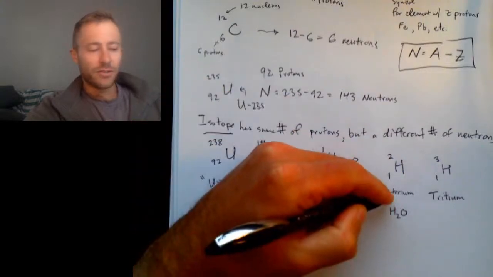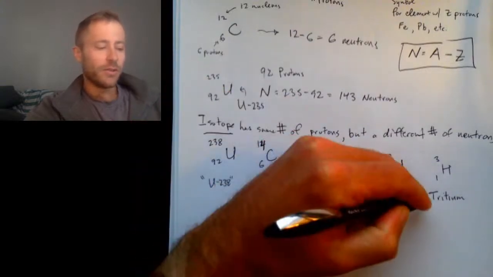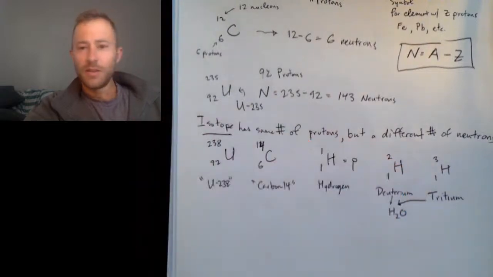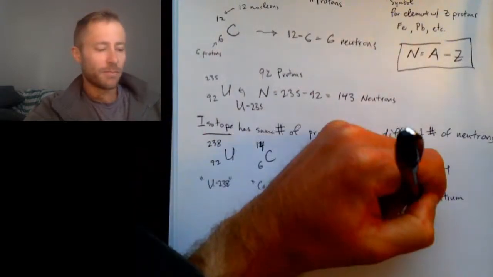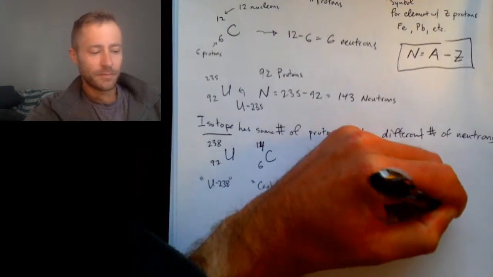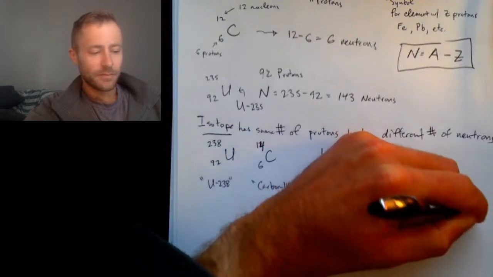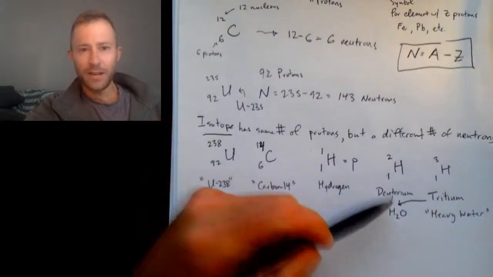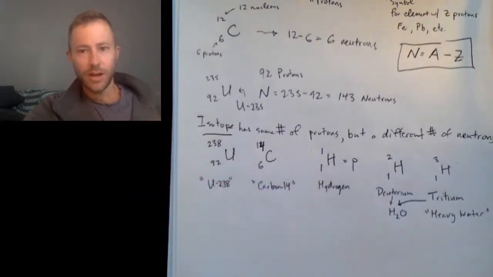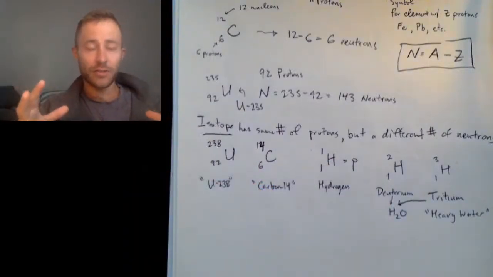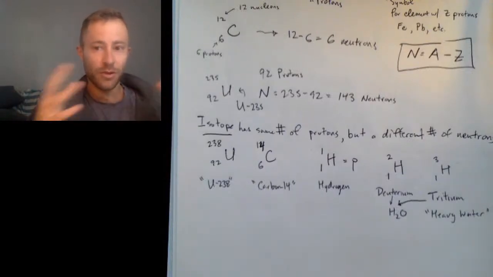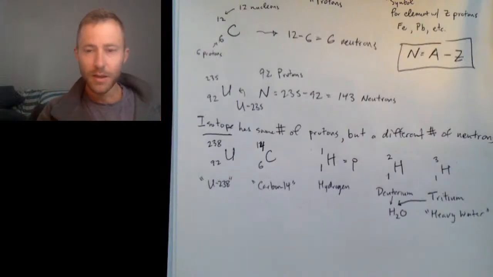If the H's in the water are deuterium or tritium, then it is called heavy water. All right, because you're adding extra neutrons into the hydrogen, the water is actually heavier than normal water. That's why it's called heavy water, okay? Because it has extra neutrons in the hydrogen part of the water molecules. So it's heavier.